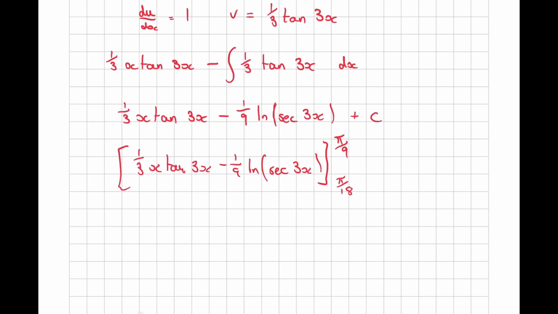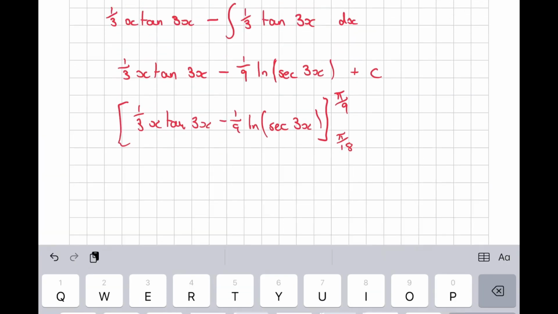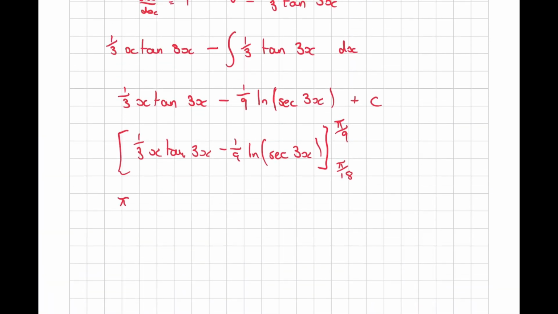So we have pi over 27 times tan pi by 3 minus a ninth ln sec pi over 6.